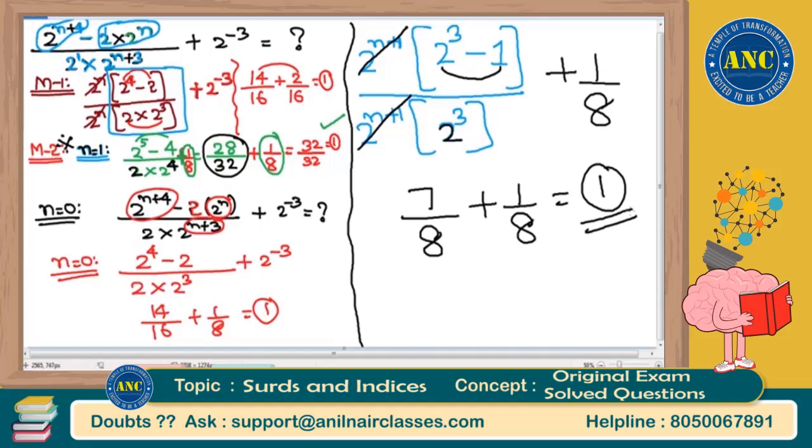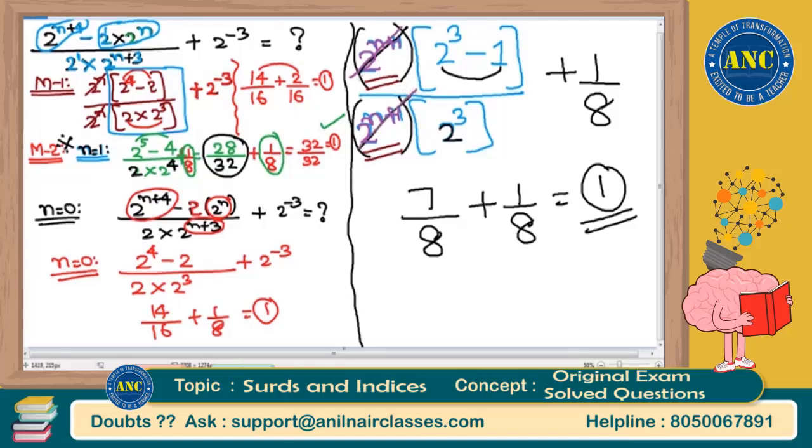Don't take 2 power n common. Take anything whatever you like as common factor. My intention is to cancel numerator common factor term with the denominator common factor term. That is the reason whatever the common factor I take in numerator, I will take it in the denominator. This is exactly the reason I implemented method 2. Because whatever I take common factor in the numerator, I will take the same common factor in the denominator, so that I will cancel both of them.